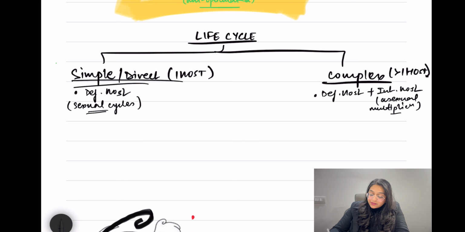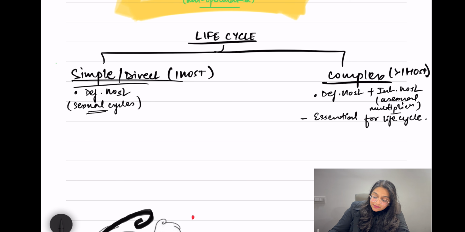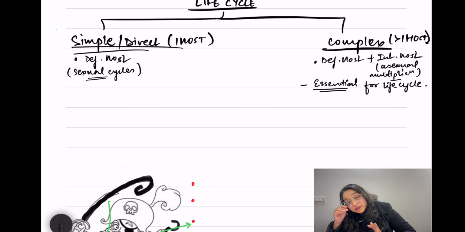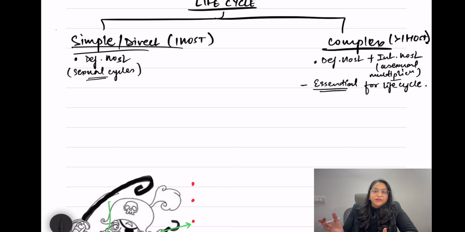And another important thing is that the intermediate host is a host which is essential for the life cycle. That means that if the intermediate host is not there, the life cycle will not get completed. So this intermediate host is not an option. The organism has to go inside the intermediate host in order to complete the life cycle.